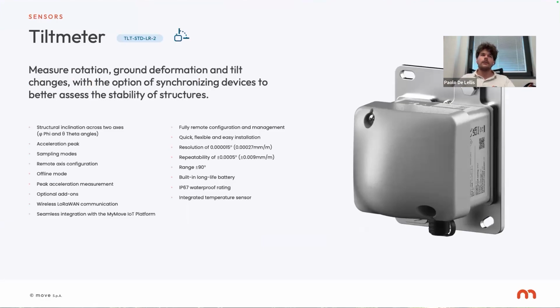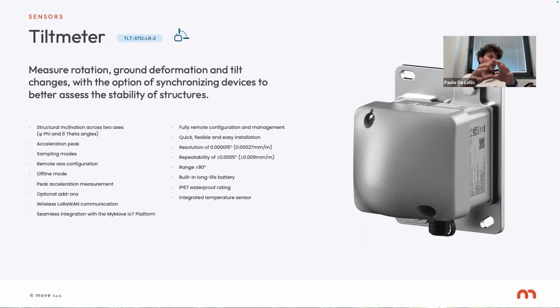This is our latest version of the sensor that I think you already use for your applications, that allows you to monitor, of course, two angles and the temperature and other parameters, like, for example, the peak of acceleration or the RMS.